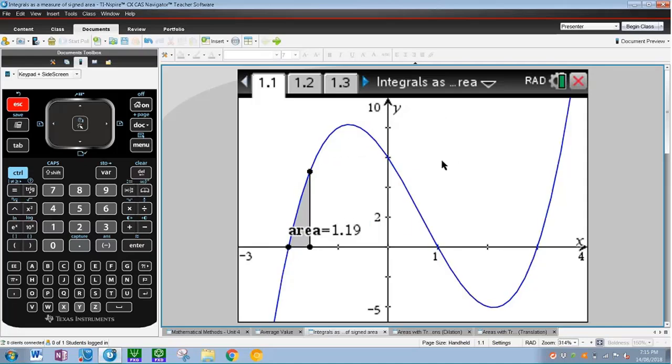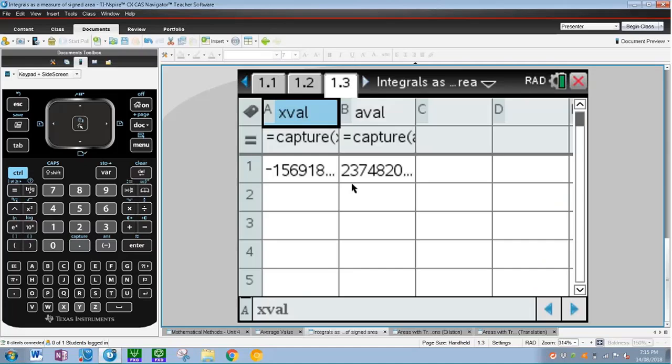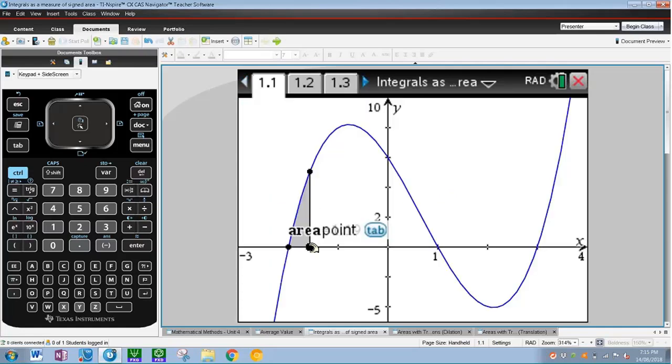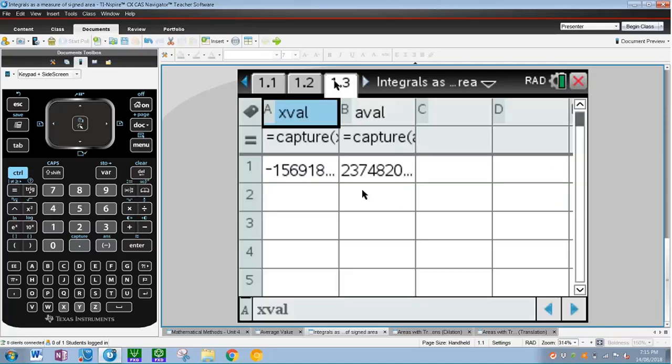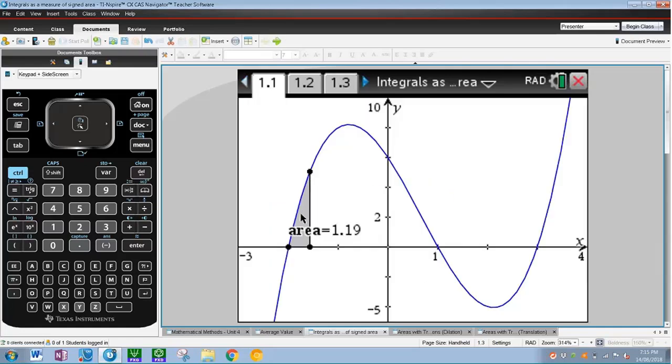So what I've got on page 1.3 is a spreadsheet, and what the spreadsheet has is a data capture. Currently I've got the x value of that point there, which I think is about -1.569 or so. And then on the right-hand side, in the second column, I've got the area that the shaded region represents.